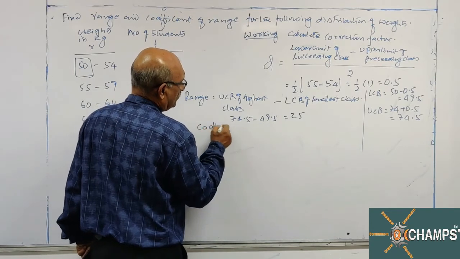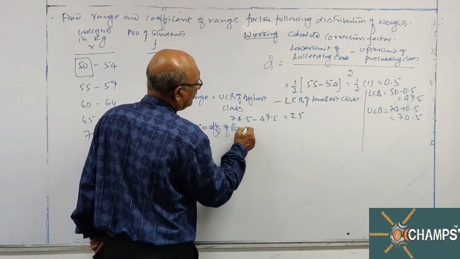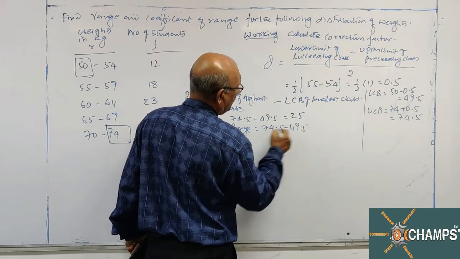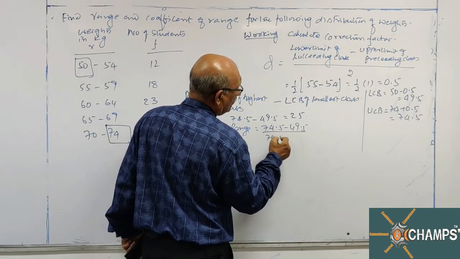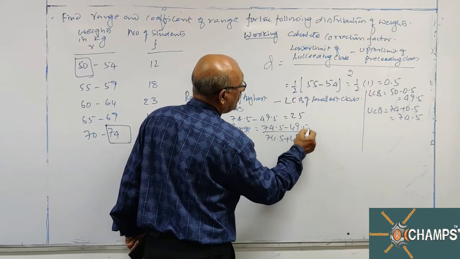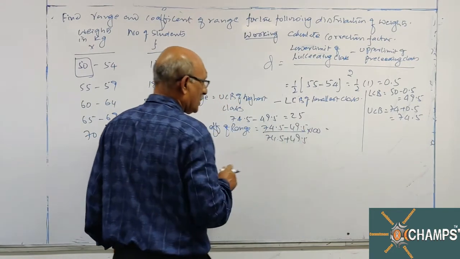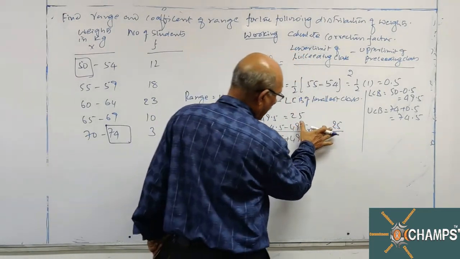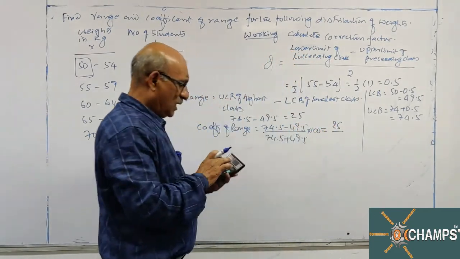Coefficient of range is equal to 74.5 minus 49.5 divided by 74.5 plus 49.5, into 100. So numerator is 25.